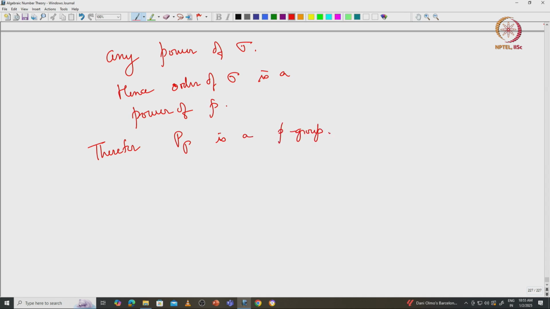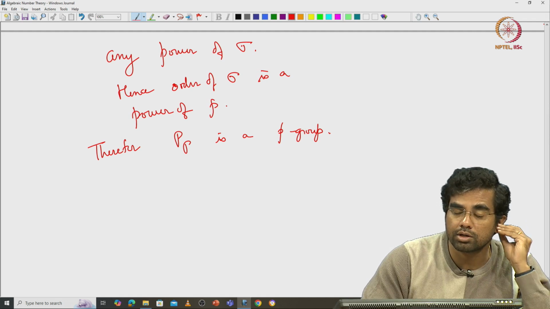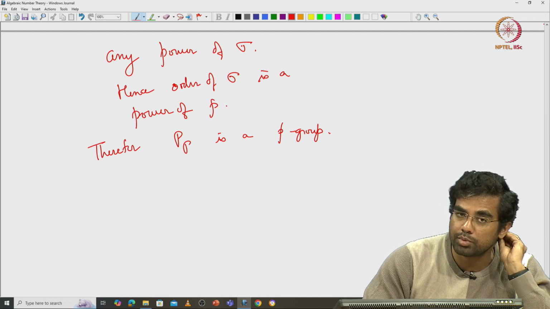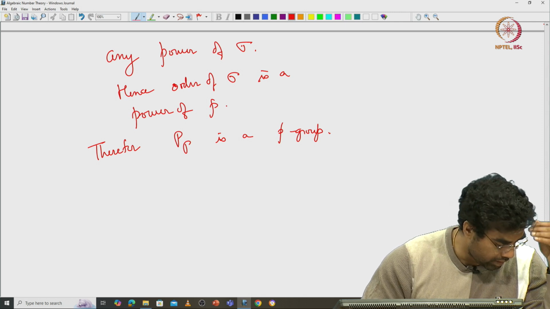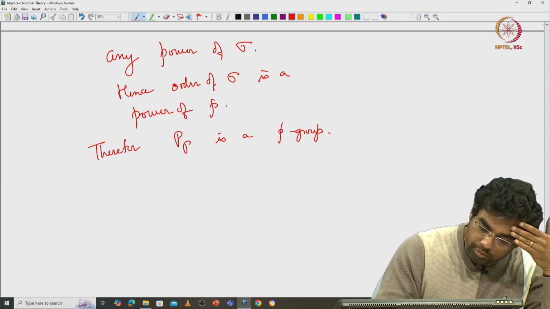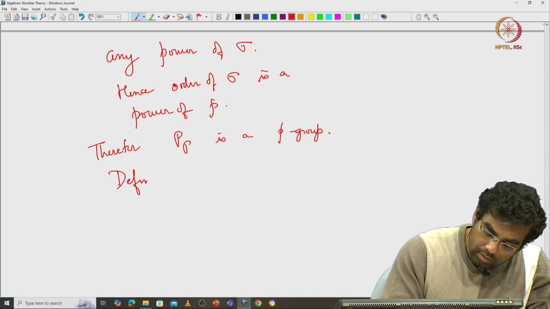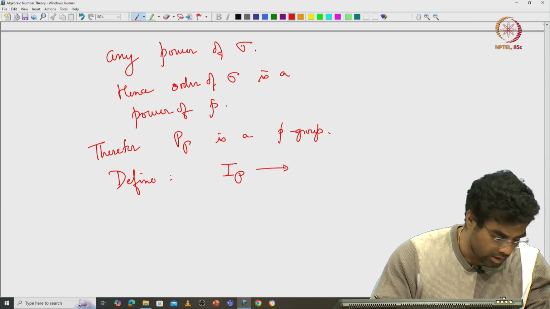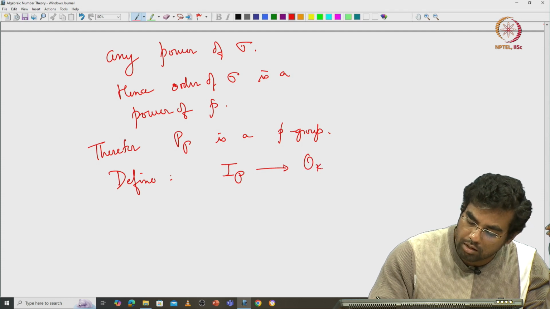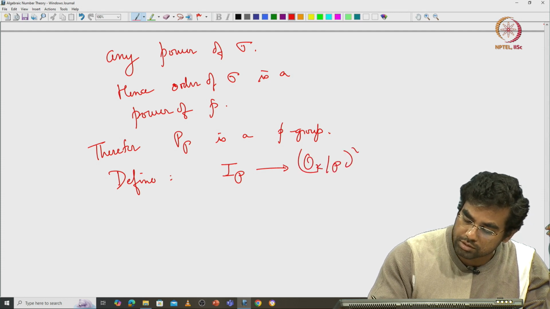Now we need to show two things: that it is normal, and that its quotient I sub p modulo P sub p is cyclic of that particular order. So, I am going to define a map from I sub p into O_K modulo p cross, so this is of course k sub p cross.